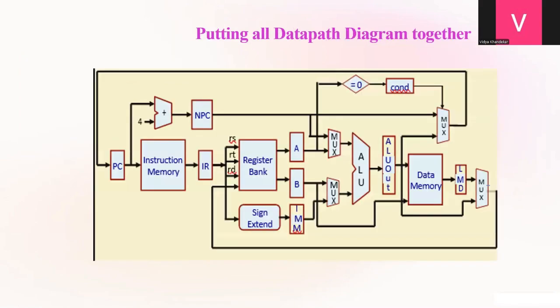So let us put it all together, where we have discussed starting from instruction fetch to ID, then execution, then memory, and finally write back. This overall picture gives an idea of how it is actually happening. This is the data path for a MIPS.